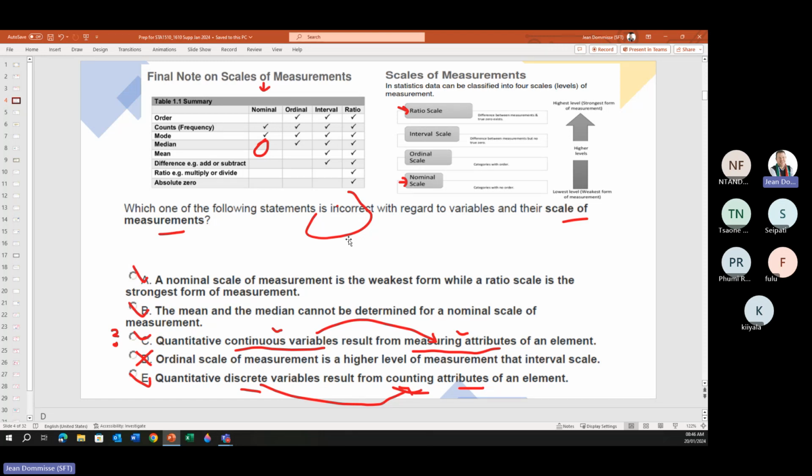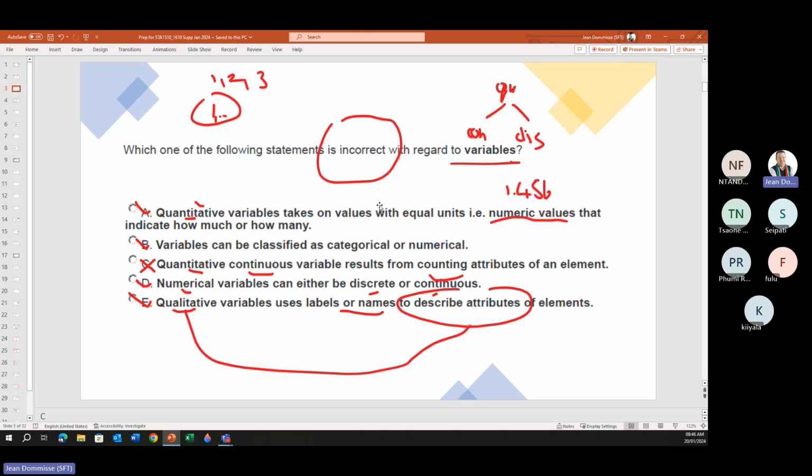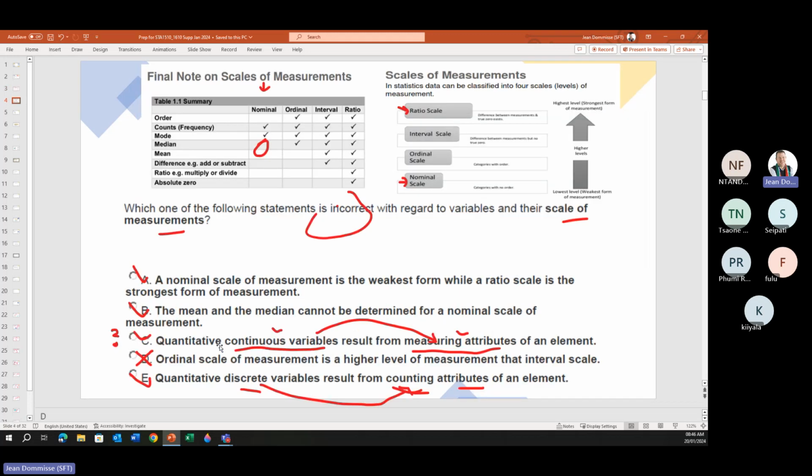And they can again have scales of measurement and types combined into one. So here you can see some of the scales of measurement were options 1, 2, and 4, where the types were options 3 and 5. So again, they can combine it into one question if they want to.